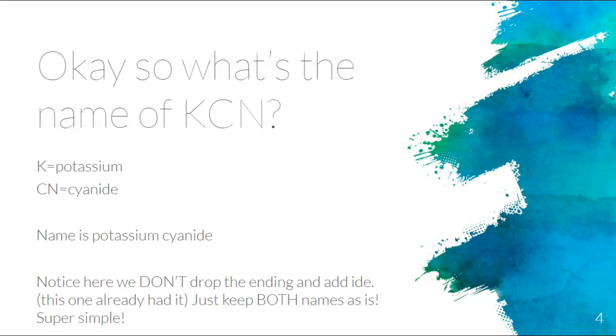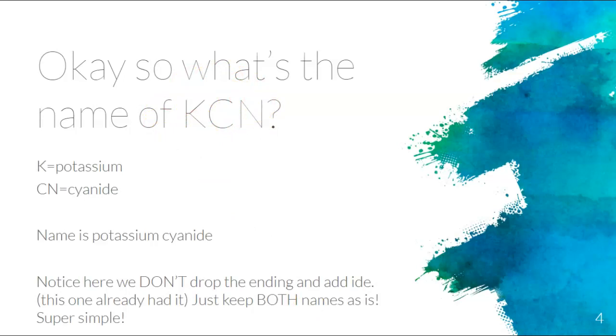Well, that's not a thing. Whenever you see a metal and something that isn't just a nonmetal, here we've got two nonmetals, your brain should automatically go to, oh, this is funky, this must be a polyatomic ion. Whenever you see more than two elements in a formula, you know you're dealing with a polyatomic ion.